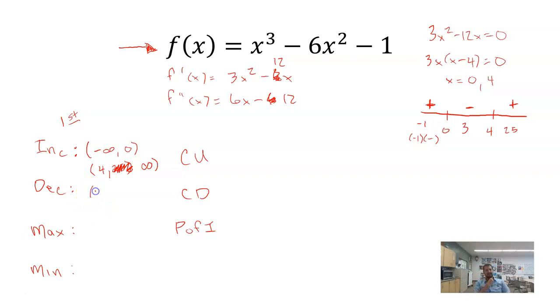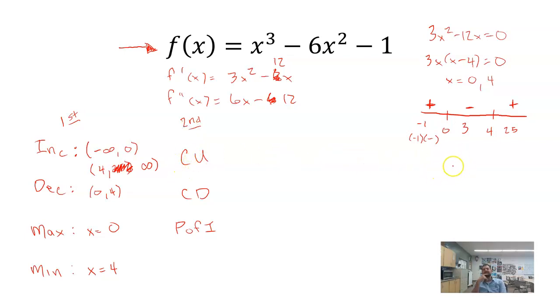Decreasing, according to our number line, is from 0 to 4. And remember, if our derivative changes from a positive sign to a negative sign, the place where that happens we have a max. And if we change from a negative first derivative value to a positive one, we have a relative min. So all of that we discovered from using the first derivative.